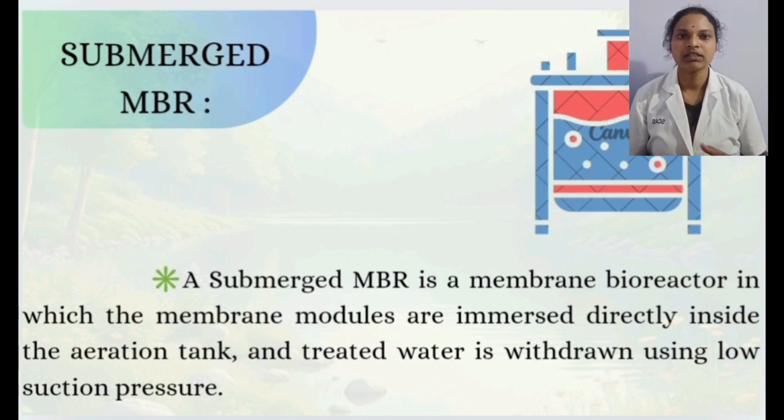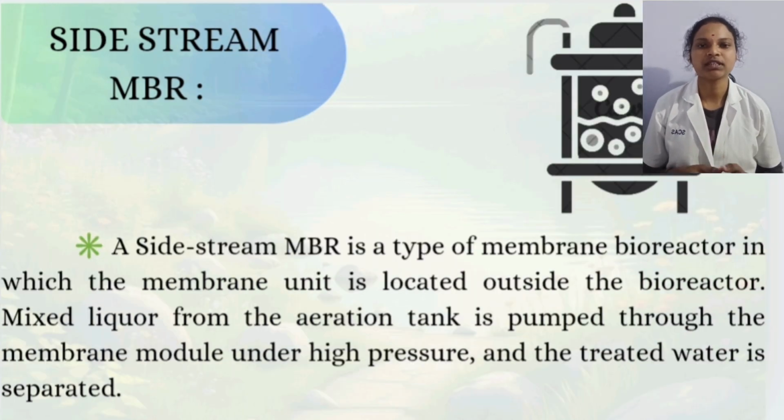Submerged MBR is a type of membrane bioreactor in which the membrane modules are immersed directly inside the aeration tank and treated water is withdrawn using a low suction pressure. The next one is side stream MBR.